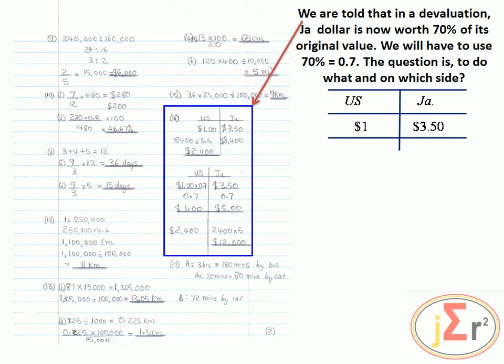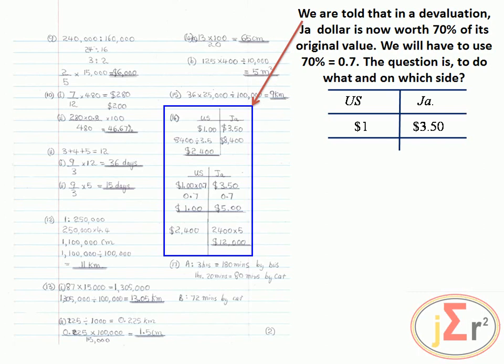So the question is, now that we know that we have that factor of 0.7 to deal with, what do we say? Well, we have no doubt that we will have that 0.7 to use. But the question is, to what and on which side? So we will ask the question, to do what? What will we do with that 0.7?